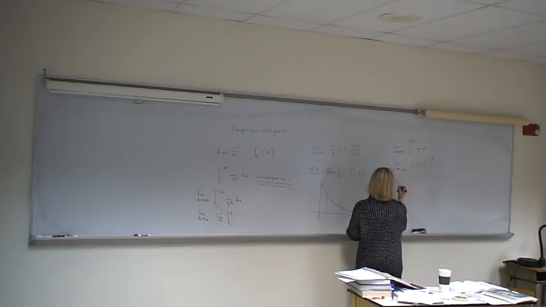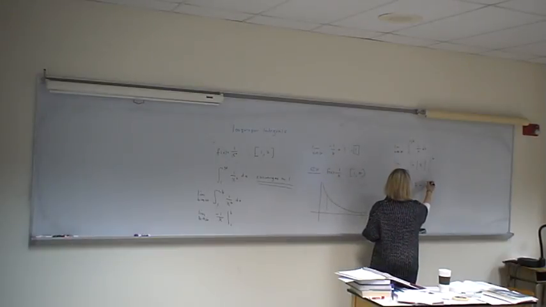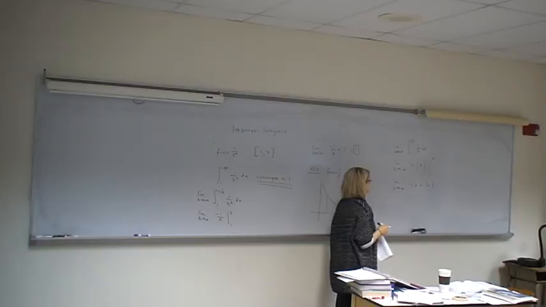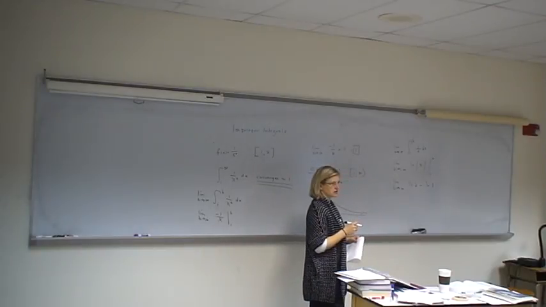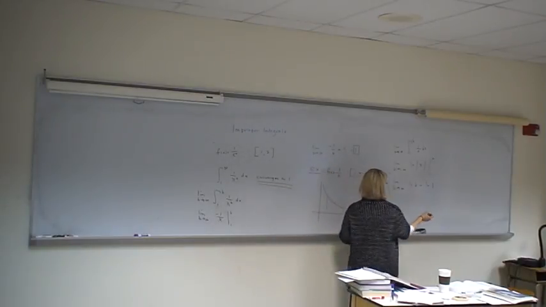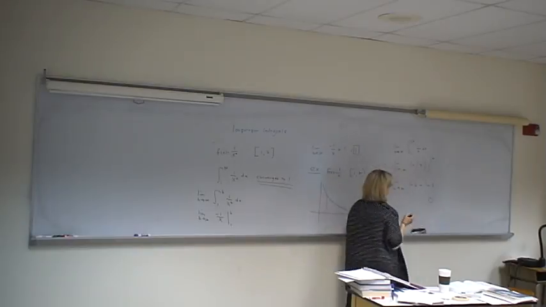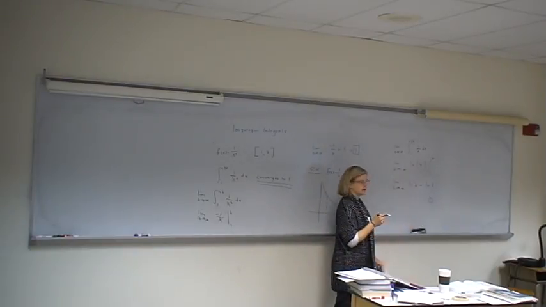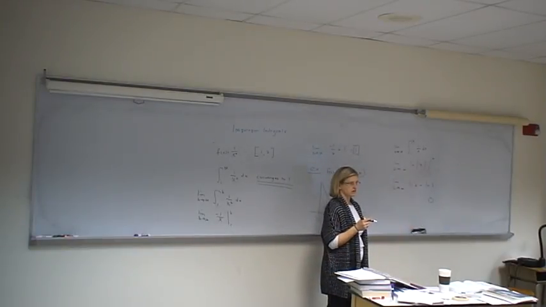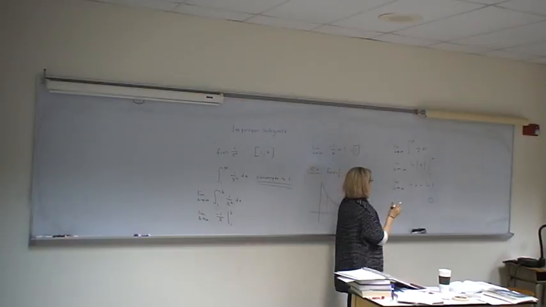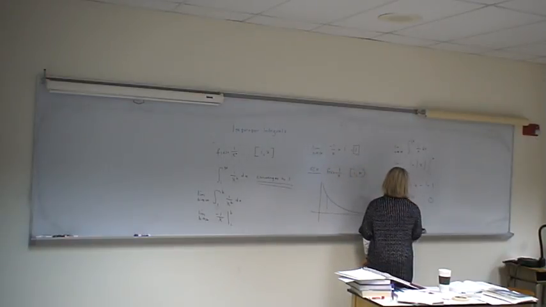All right, so we have the limit as b goes to infinity of ln b minus ln 1. ln 1 is 0, and as b gets close to infinity, what happens to ln b? It just keeps going, right? So does it converge to a number? No. So this is also infinity, right?